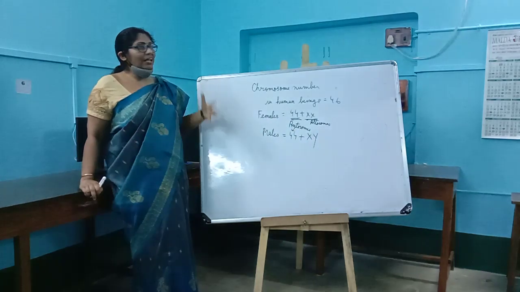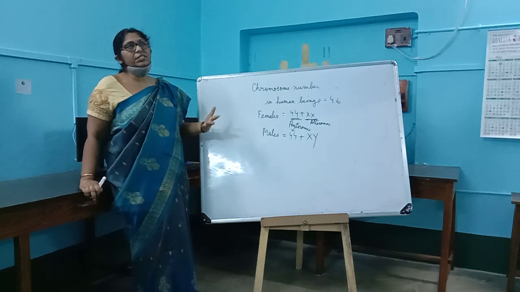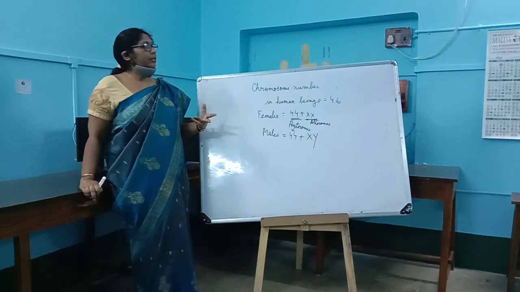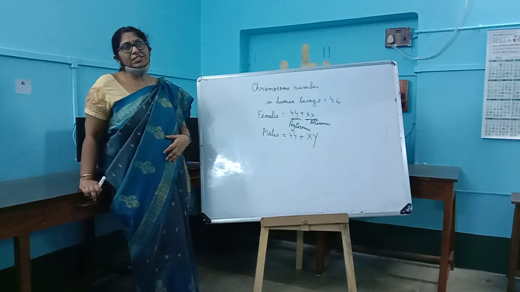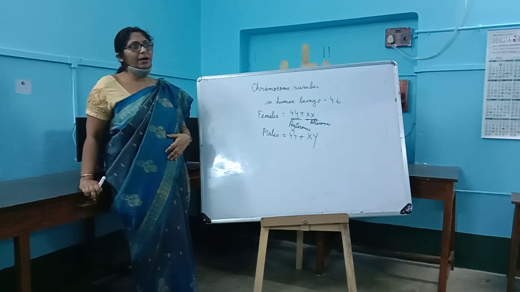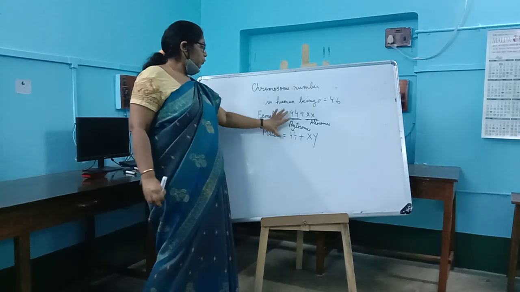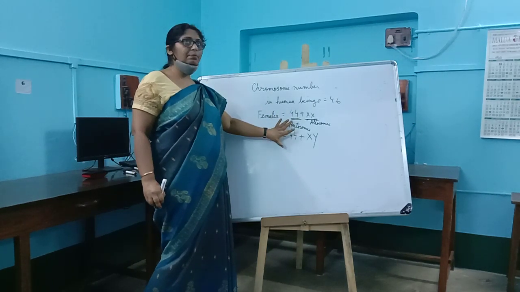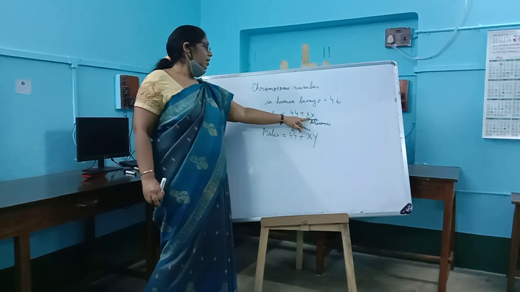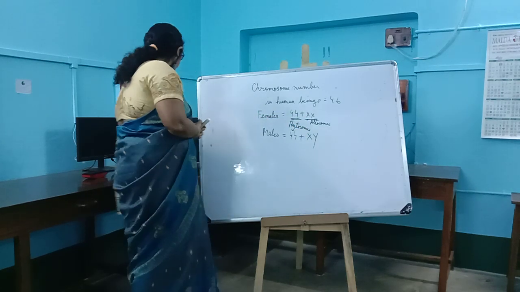Now quite often they ask you the question, how can you explain, or how can you say that the sex of a child depends upon the father and not upon the mother. For that I need to do a cross where we will not take the autosomes into consideration because they are the same in both. We will just take the sex chromosomes into consideration.